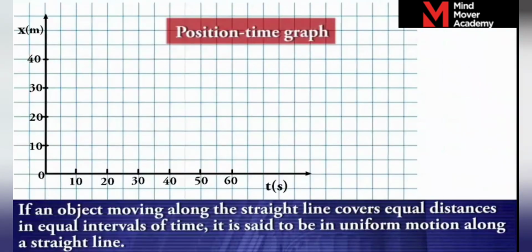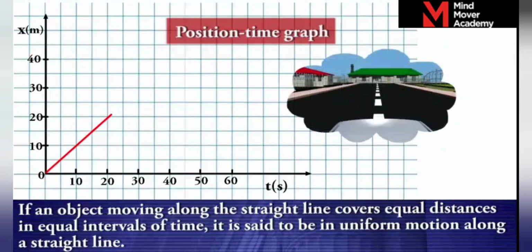If an object moving along a straight line covers equal distances in equal intervals of time, it is said to be in uniform motion along a straight line.